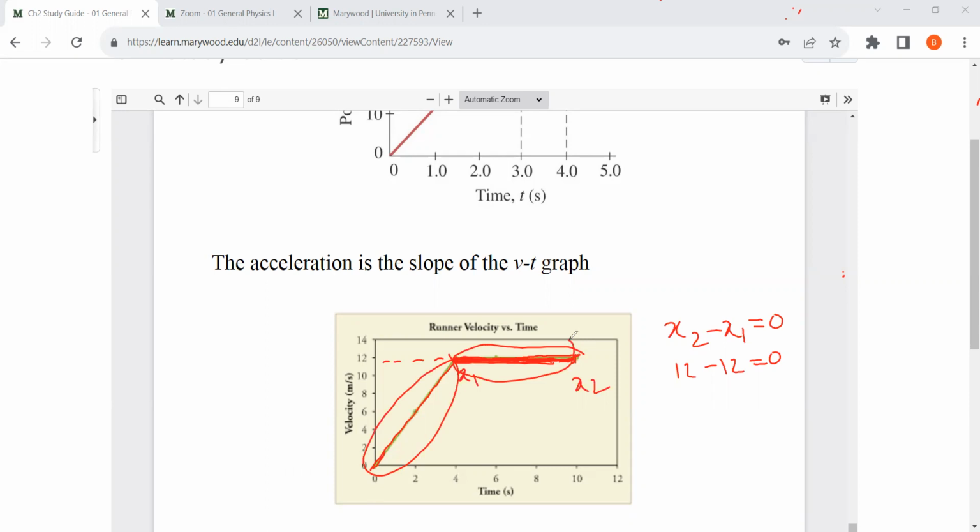Because this is a velocity versus time graph, here we have acceleration, and here there is no rise, so the acceleration is 0. If it is a position versus time graph, then we talk about velocity, not acceleration. The slope in that case is the velocity, not the acceleration.